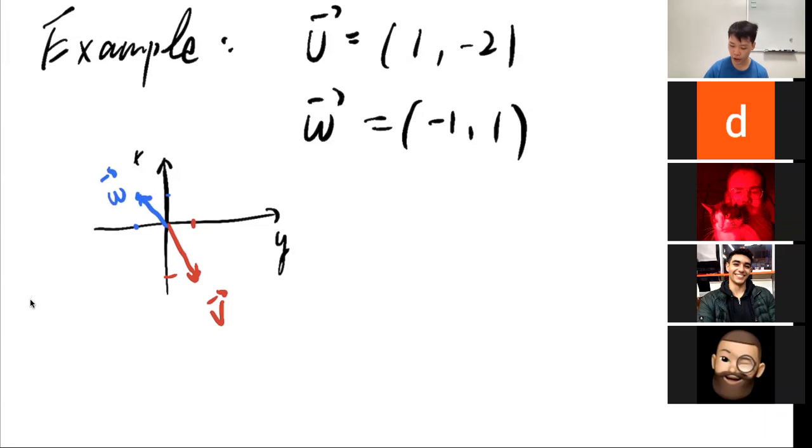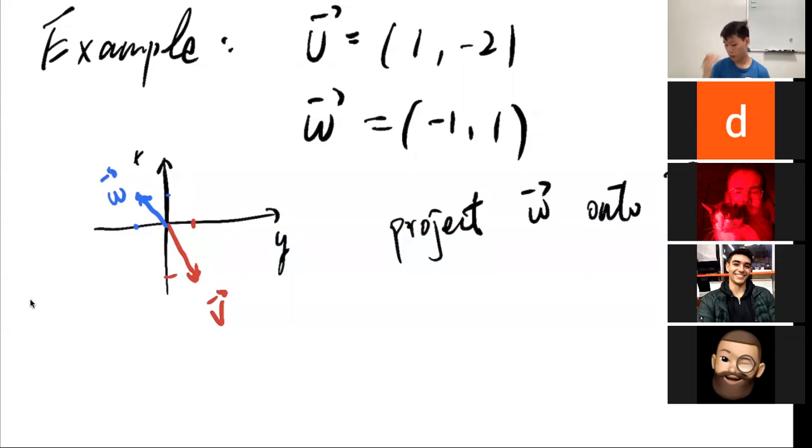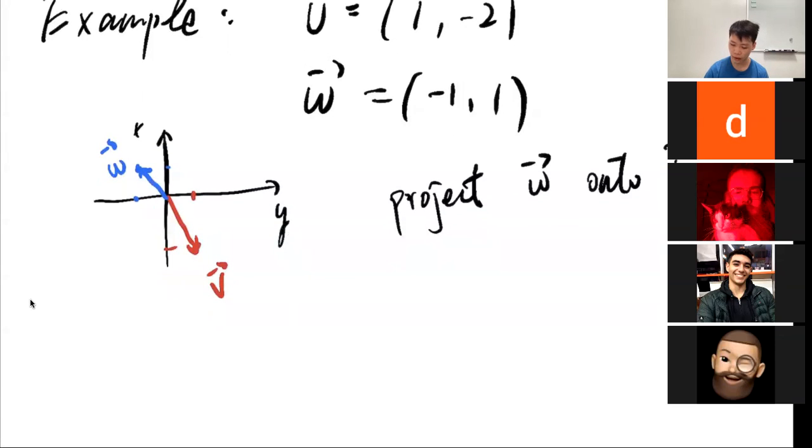Let's say we project W onto V, which would hopefully be a little easier to understand. As you can see, the projection is here. Let me use a different color.